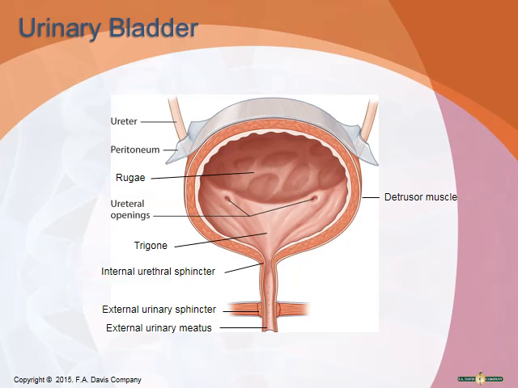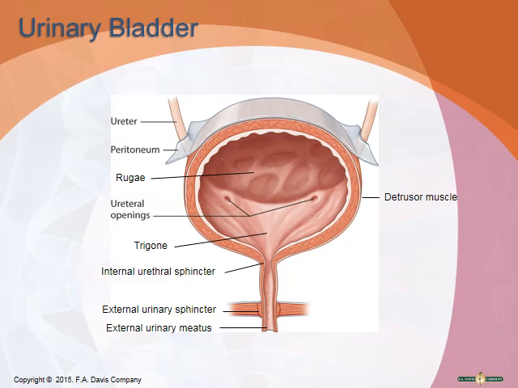It's that transitional epithelium that can change shape. At the bottom of the urinary bladder is a trigone, which is just a triangular area at the bottom of the floor of the bladder.